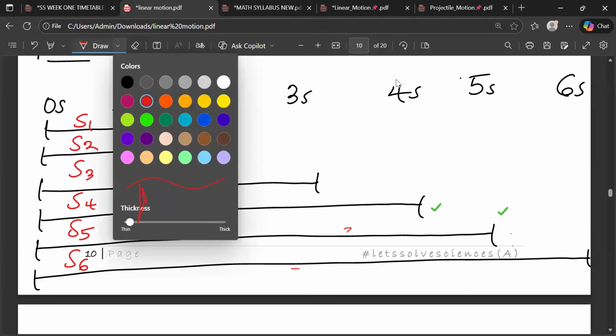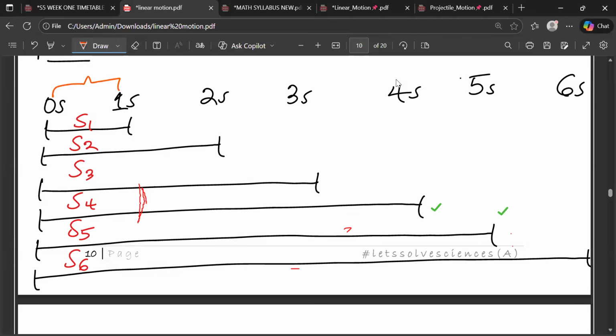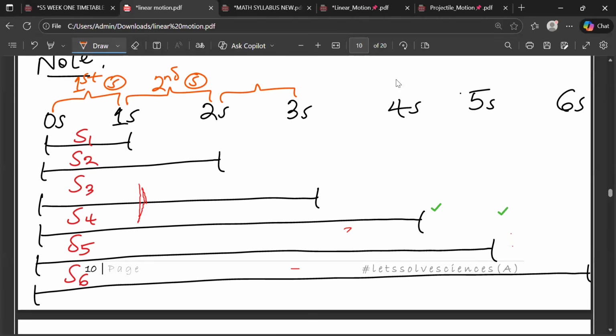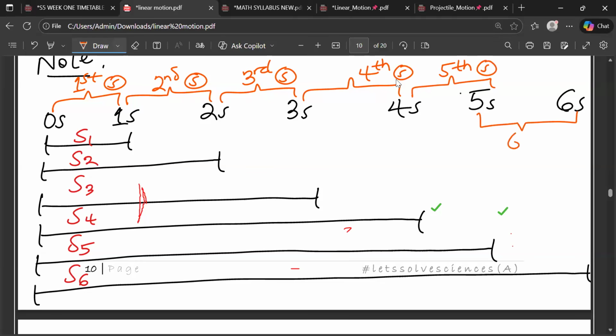But remember I told you that this one is what they call the first second, this one is the second second, this one is the third second, this one is the fourth second, then the fifth second, then the sixth second, like that.